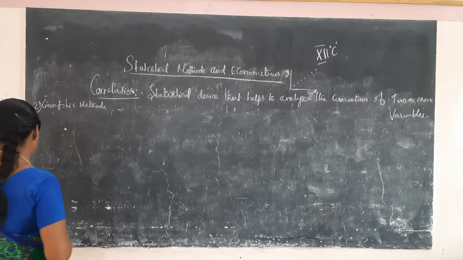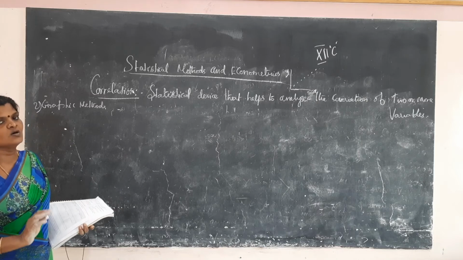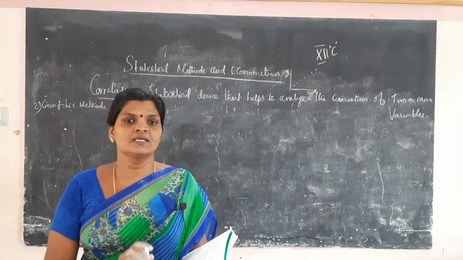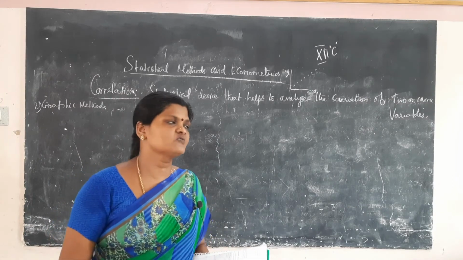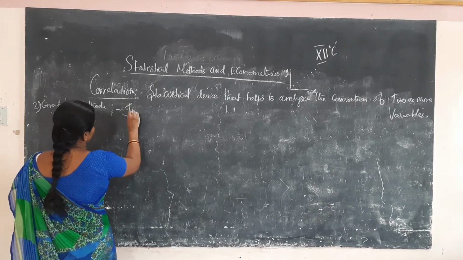That we know. Graph method means the individual two variables are represented by plotted points in the graph sheet.